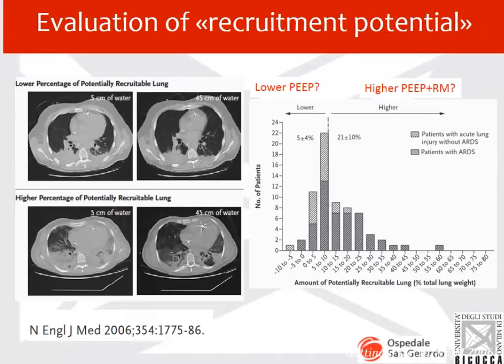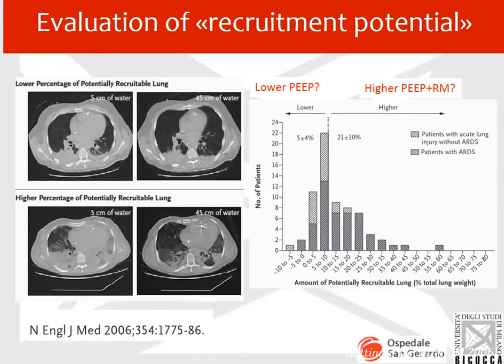and I know that some centers do this, to use CT scan before setting PEEP and the use of recruitment maneuver to decide whether the patient has a lower potential for lung recruitment, and so in such patients perhaps it's wiser to use a lower PEEP, and it would make sense to use higher PEEP and recruitment maneuver in those patients in whom we know that the lung has some recruitment potential.